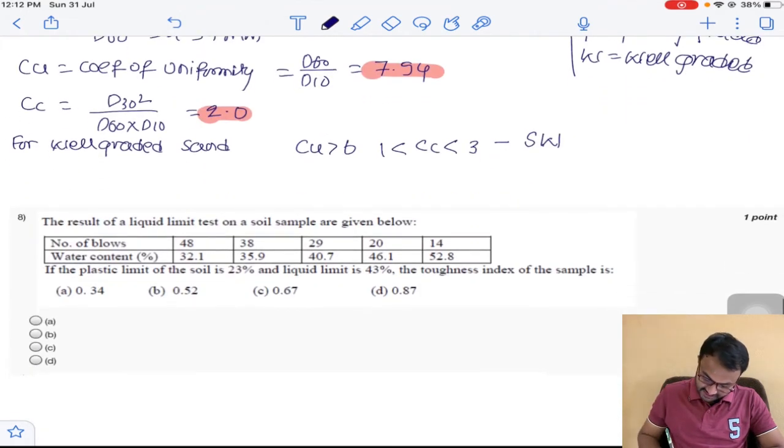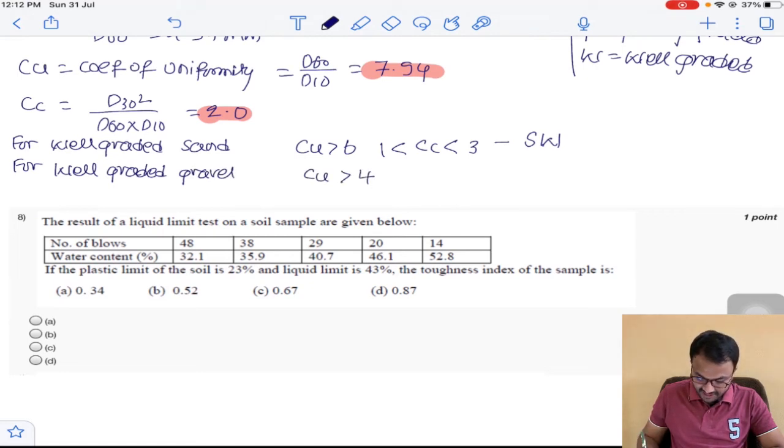But for well graded gravel, Cu is greater than 4 and Cc lies between 1 and 3. By our calculations, we got Cu as 7.54, which is greater than 4. Is it clear? Even though it is greater than 6, that option is not there, but here it is given 4.